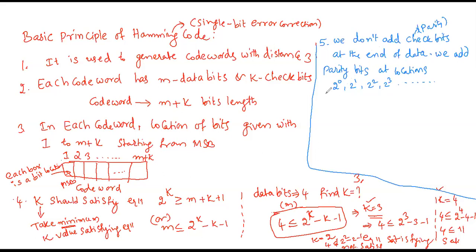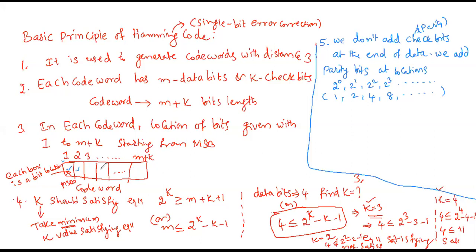2 to the power of 0, 1, 2, 3 means at the first location, second location, fourth location, eighth location, like this. At the first location, we add one parity bit. Second location, we also add a parity bit. Third location, we do not add any parity bit.